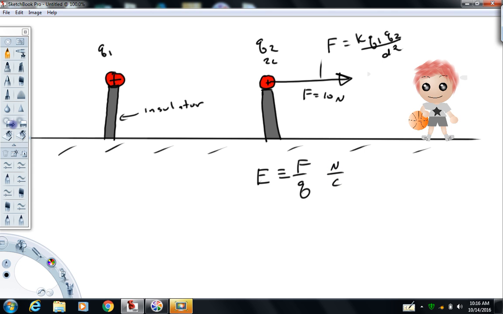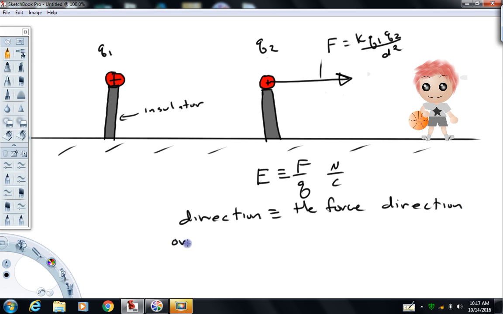Okay. Next, we've got to define a direction for it, because the electric field is an example of a vector quantity. Here's how the electric field direction is defined. The direction of the electric field is defined to be the force direction on a small positive test charge.